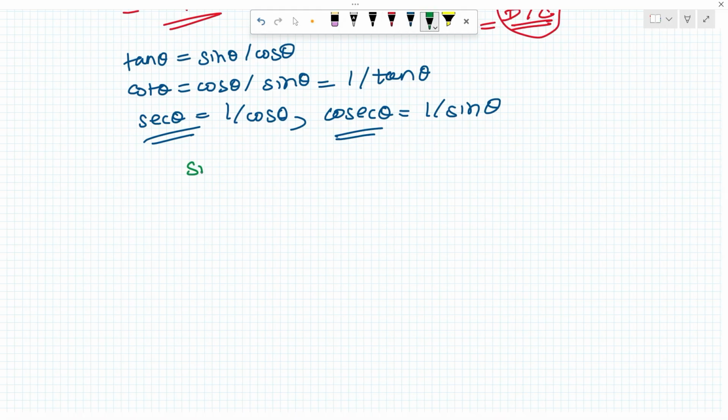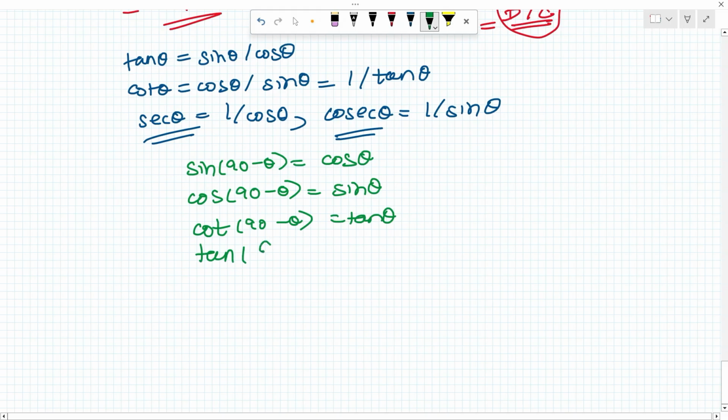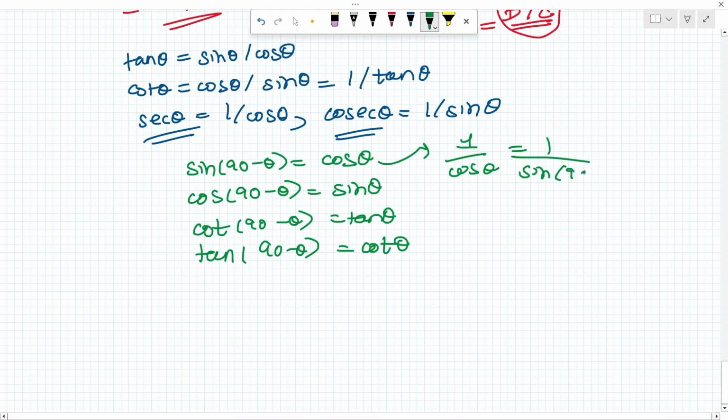And then we have seen that sine of 90 minus theta is cos theta. Cos of 90 minus theta is sin theta. And cot of 90 minus theta is tan theta. Similarly, tan of 90 minus theta you can prove for yourselves will be cot theta. You can also see that if this is true, 1 by cos theta should be equal to 1 by sin of 90 minus theta.